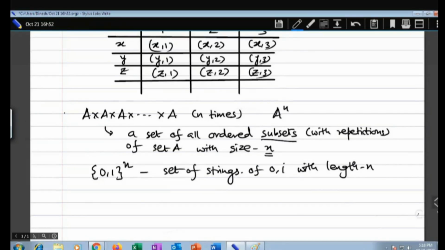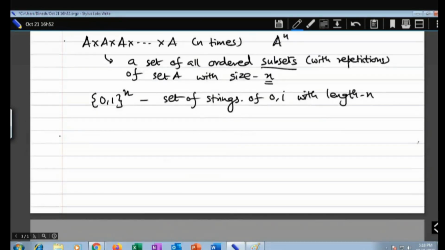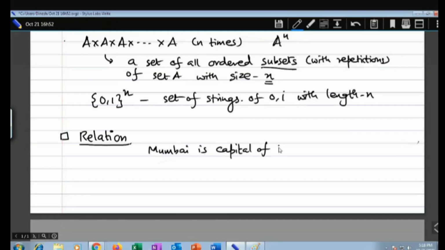What is a relation? Let me give some examples, and then I will go to the definition. Let's say Mumbai is the capital of Maharashtra, and Hyderabad is, say, the capital of Andhra Pradesh.